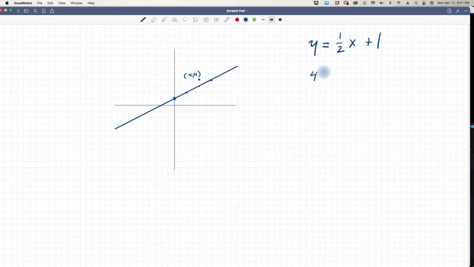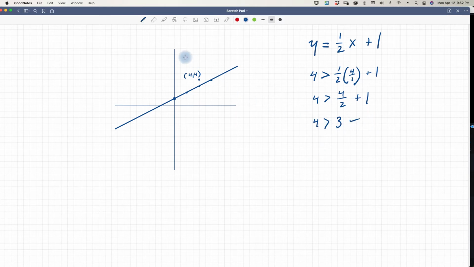So let's do greater than first: 4 is greater than half of 4, because x is 4 as well, plus 1. So that's 4 over 2. So 4 is greater than 4 over 2 is 2, plus 1. That's 3. So this statement is true.